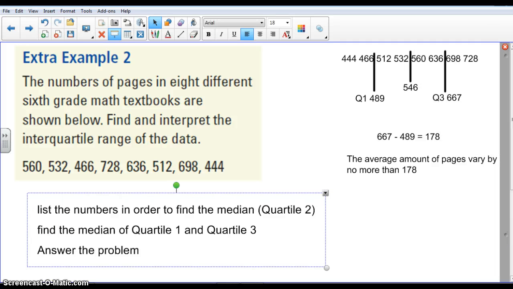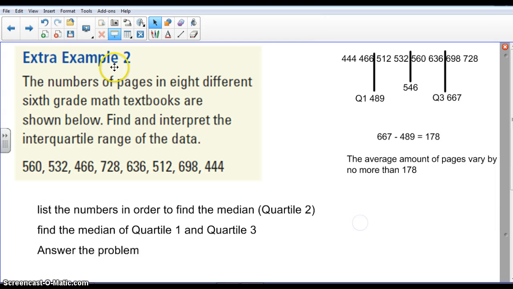All right, here's the answer to extra example number 2. Quartile 2, dividing these numbers in half, was 546. That's your median. Okay? Quartile 1 is the median between here and here, the lower half. That was 489.